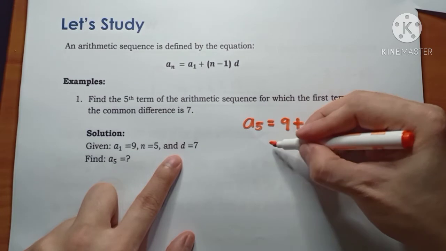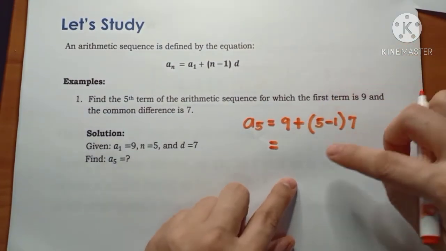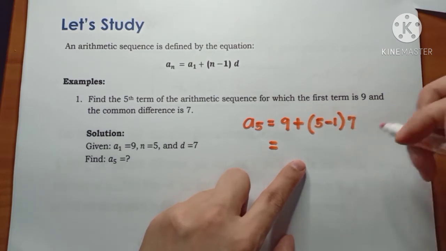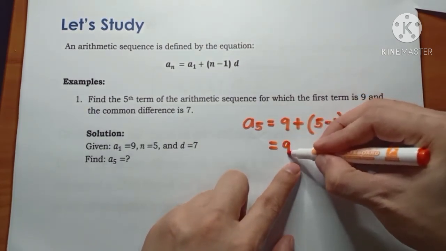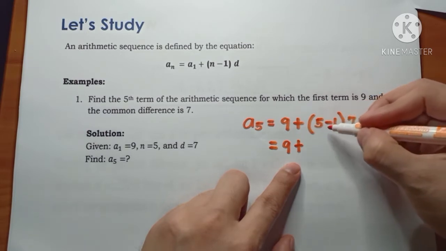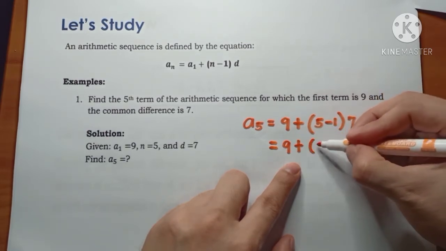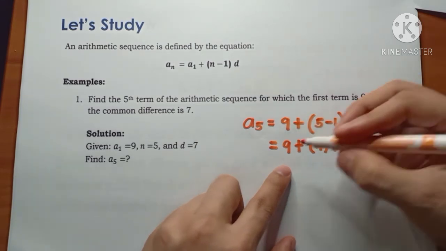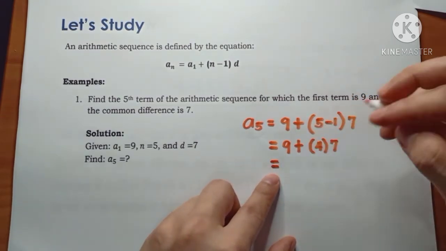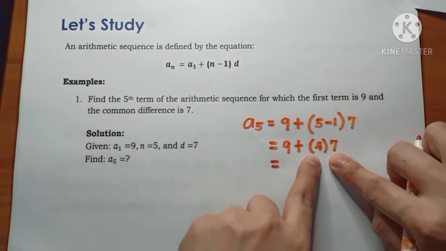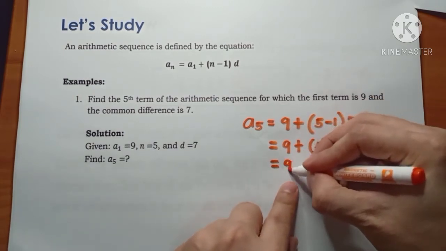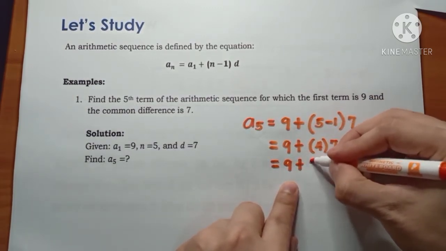So equal to, unahin muna natin yung nasa parenthesis, di ba yung sa PEMDAS natin, unahin muna natin yung sa parenthesis. So 9 plus, what is 5 minus 1? So that is 4. And then 7 is equal to, sunod naman natin yung ating multiplication. So 4 times 7 is 28. So 9 plus 28.